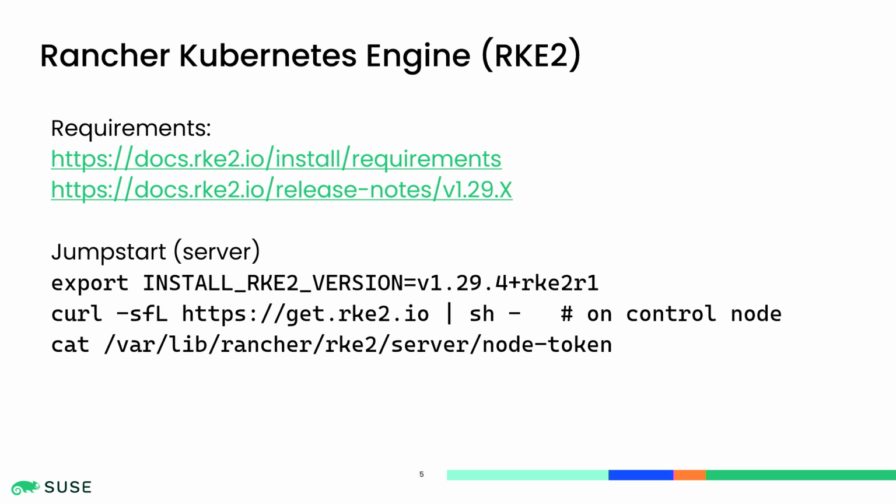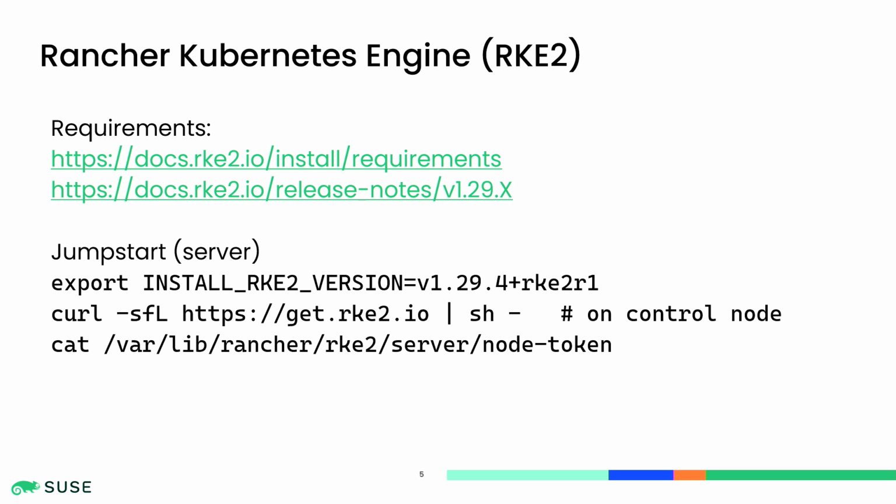You export the version you want, then you get it, and you trust, of course, what you get, and you give it to a shell, which installs on the control node, the system which starts everything, the control plane. And after installation, you get a node token.